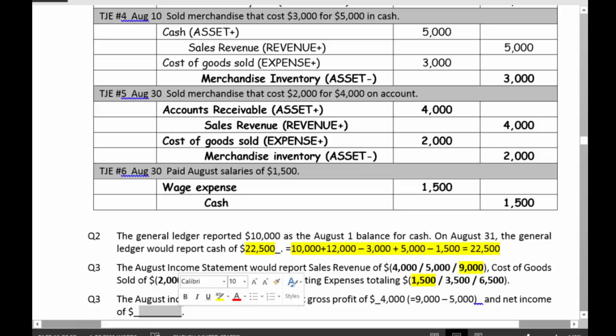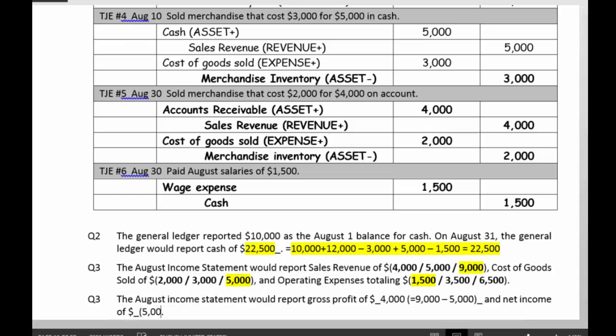So my gross profit is 4,000 minus the operating expenses of 1,500, coming to 2,500. Questions?